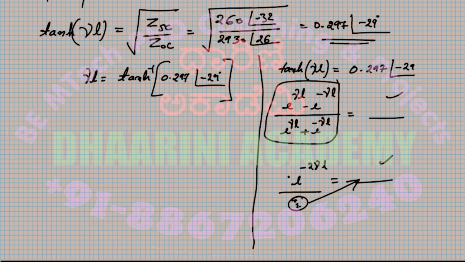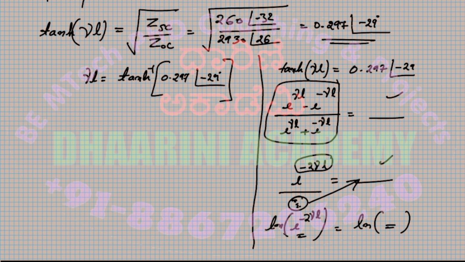Now you see, it is e to the power something, right? When I have e to the power, I need this power to come down, means you take anti-log, correct? Because e to the power, if you want to cancel that, you simply have to take the natural log on both sides. ln of e to the power minus 2 gamma L should be equal to ln of whatever you have on the right side.